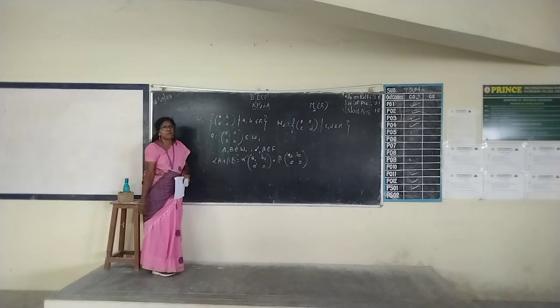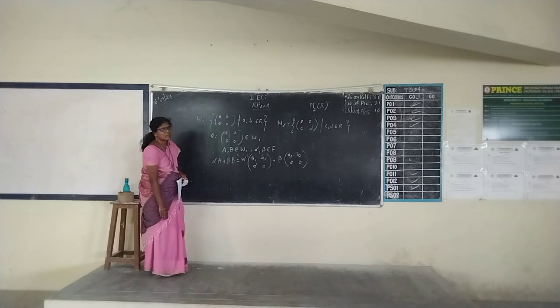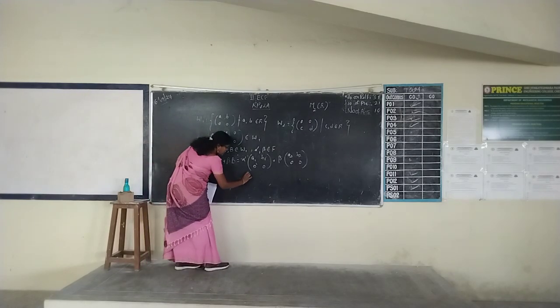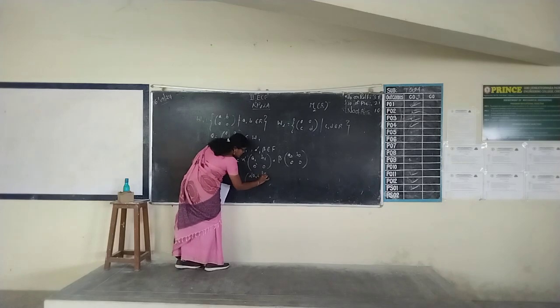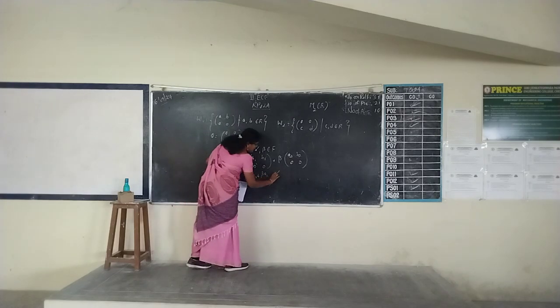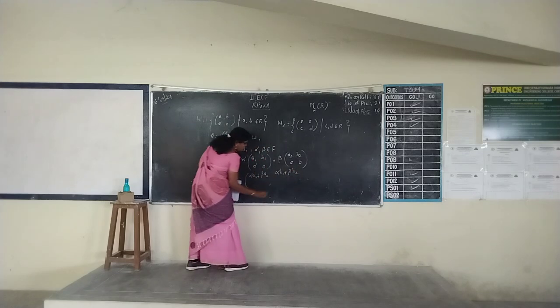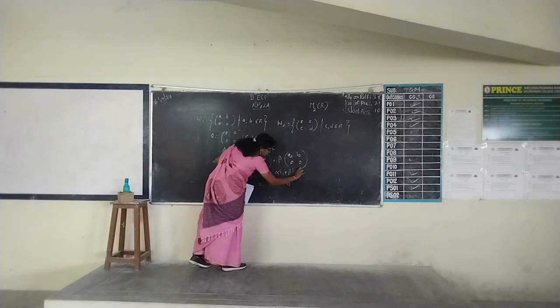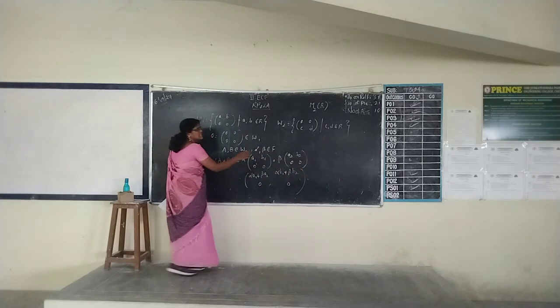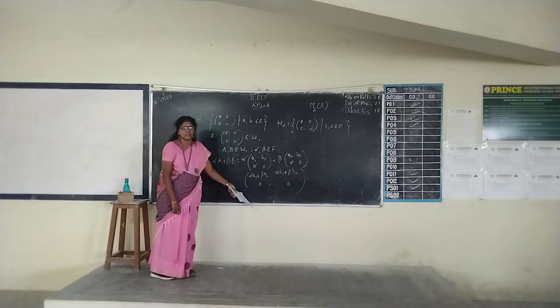If I add both, what will be the resultant answer? Alpha A1 plus beta A2, alpha B1 plus beta B2, and second row 0, 0. When you multiply the scalars inside and add, this will be the final answer.